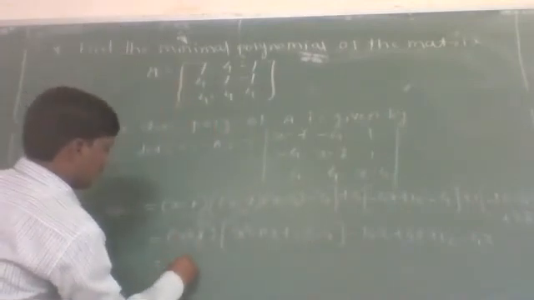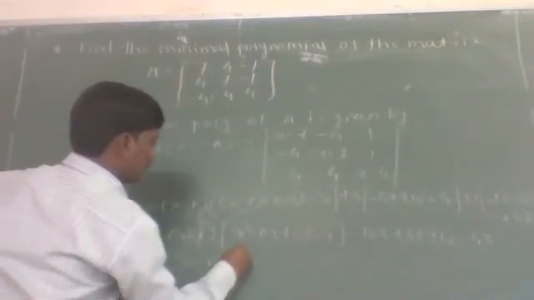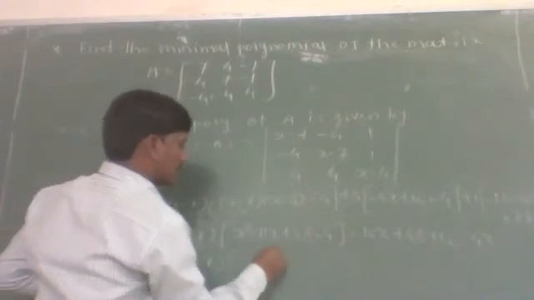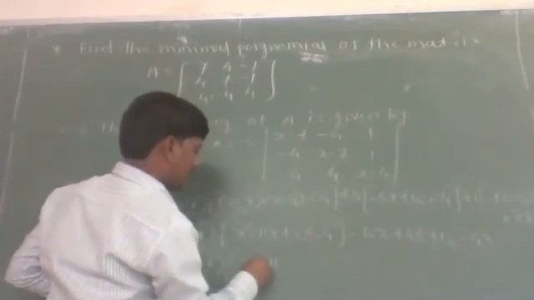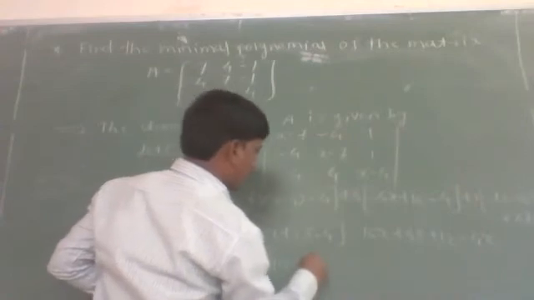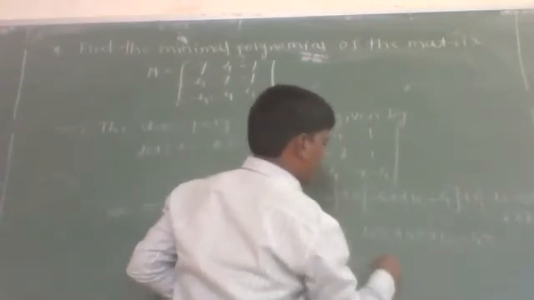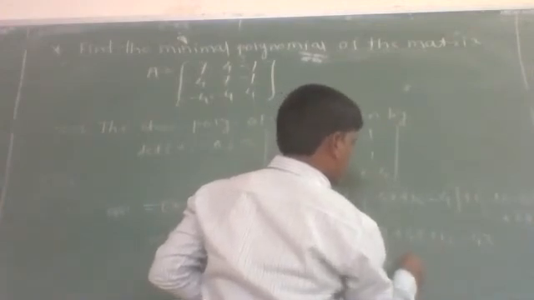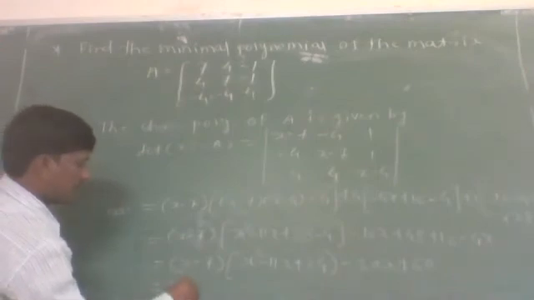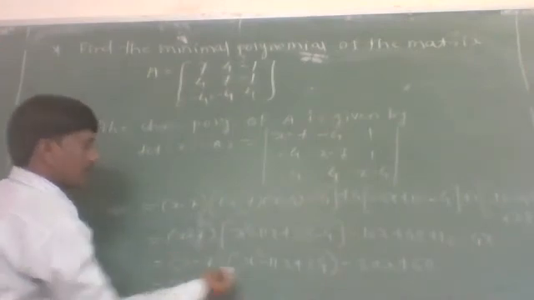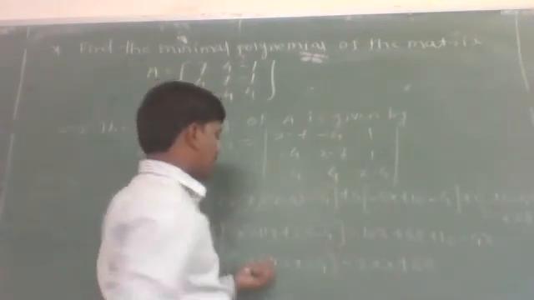So which is nothing but x minus 7 into x square minus 11x plus 24, minus 16x, minus 4x, minus 20x, 48 plus 12, 60.